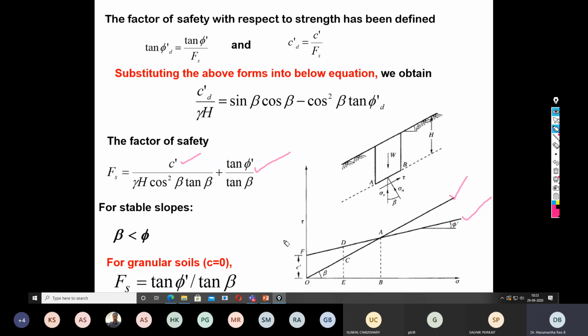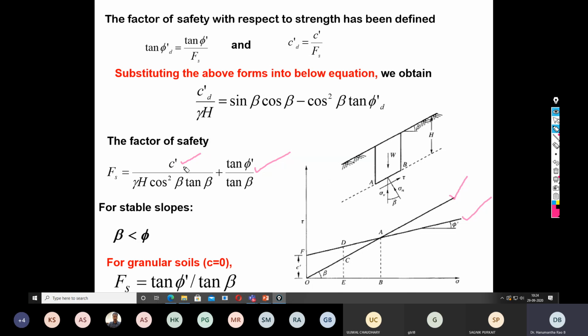Then accordingly you can determine what happens to the factor of safety value. As you are increasing the slope, from this equation we can understand that if beta is less than phi, the slope is stable. Slope is stable. But this is valid only in case of granular soil.